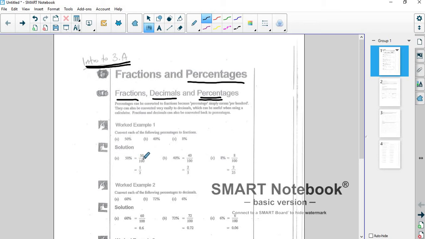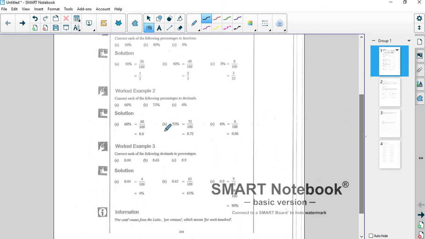So 50% is 50 out of 100, 40% is 40 out of 100, 8% is 8 out of 100, and then you can just reduce those fractions to their lowest terms. Or if you're trying to convert them to a decimal, then you use your calculator. 60% is 60 out of 100, type 60 divided by 100 in your calculator, you get 0.6. Or 72%, you take 72 divided by 100 in your calculator, you get 0.72.